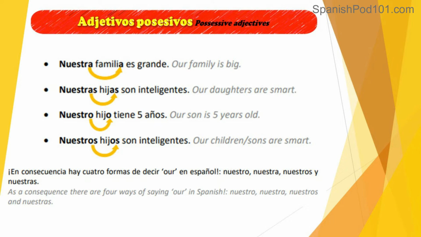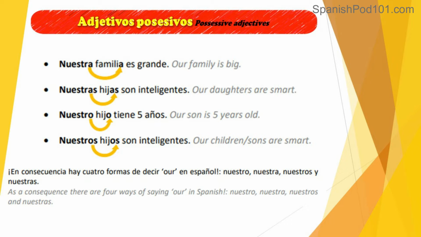So it doesn't matter if we are saying nosotros, which is masculino; we have to say nuestra familia, because familia is singular and femenino. It's incorrecto to say nuestro familia.